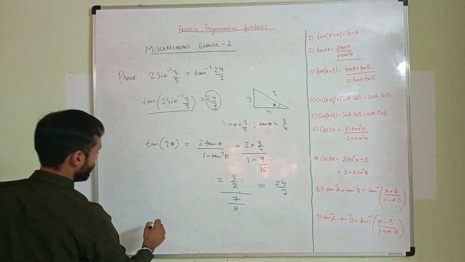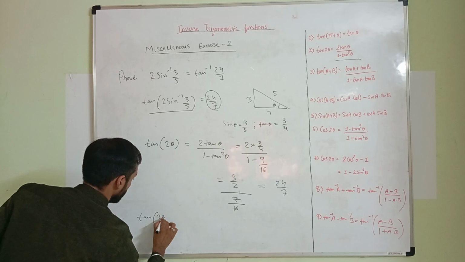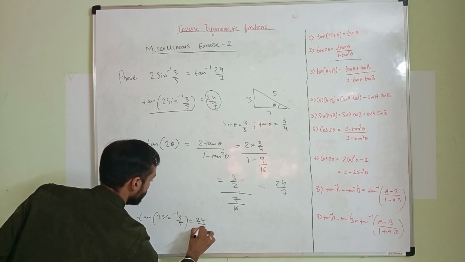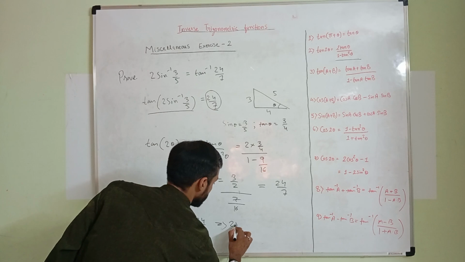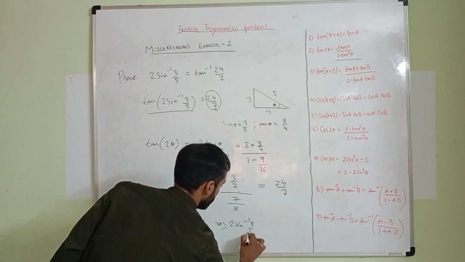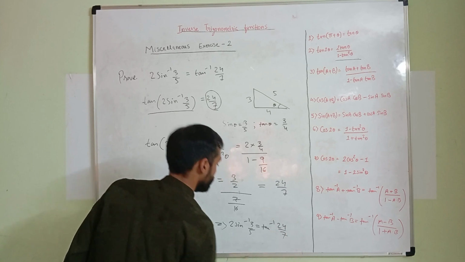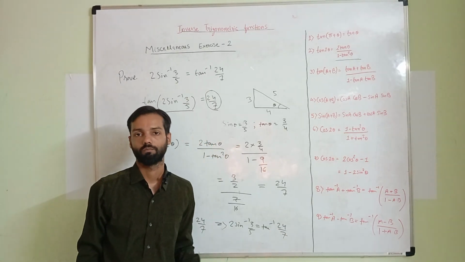Hence tan of 2 sine inverse of 3 by 5 is equal to 24 by 7. Hence 2 sine inverse of 3 by 5 will be equal to tan inverse of 24 by 7, which is our requirement for this particular solution.